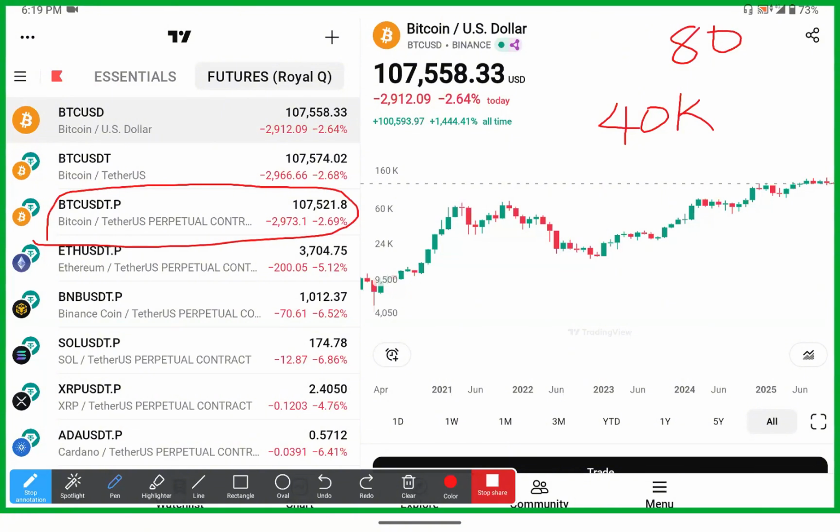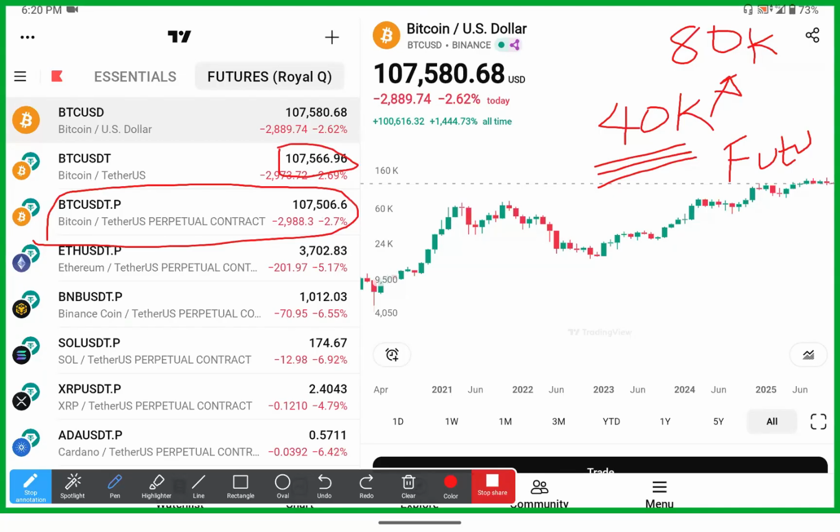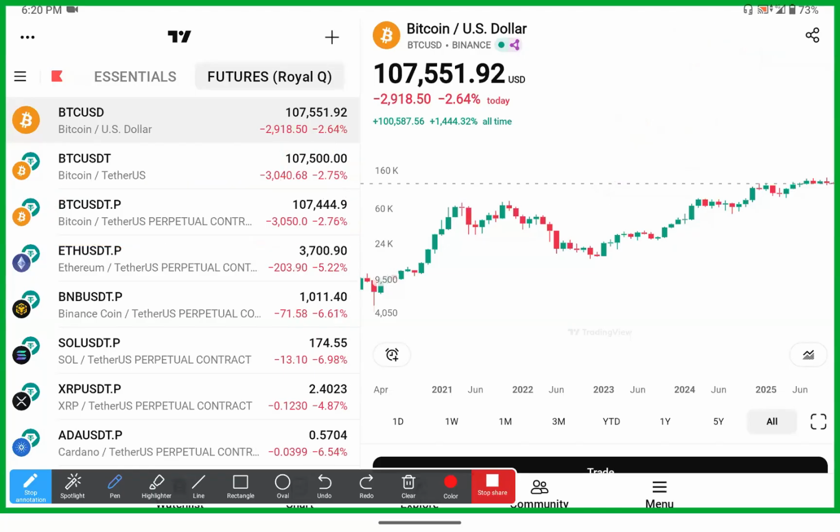On spot, it is still 40K, but you are predicting 80K. Meaning the futures contract should be ahead of the real price in the spot market. And vice versa for someone who is shorting. Am I clear? Are you getting something?